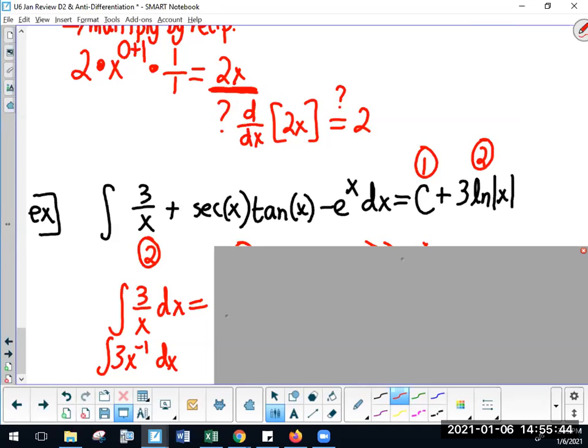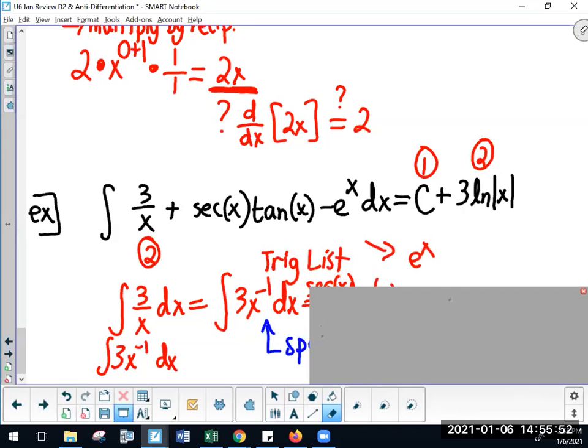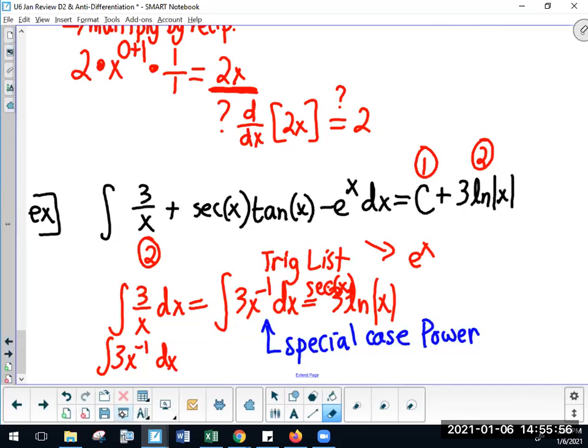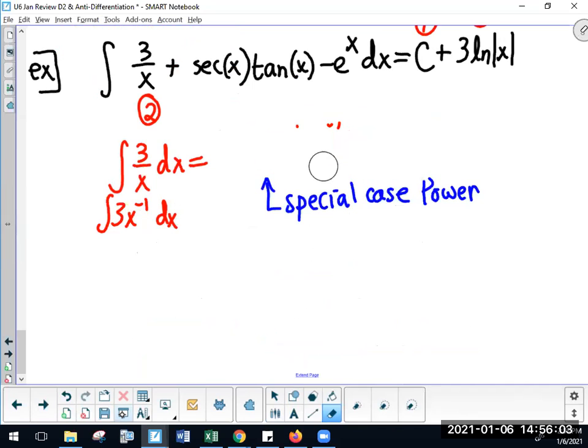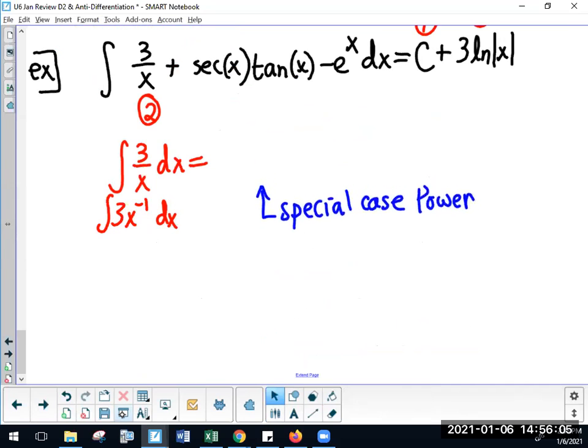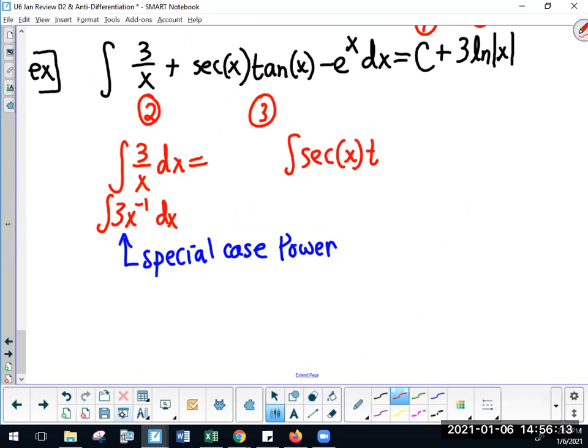Okay. So let's talk about the third thing. The third thing is looking at secant of x, tangent of x. All right.